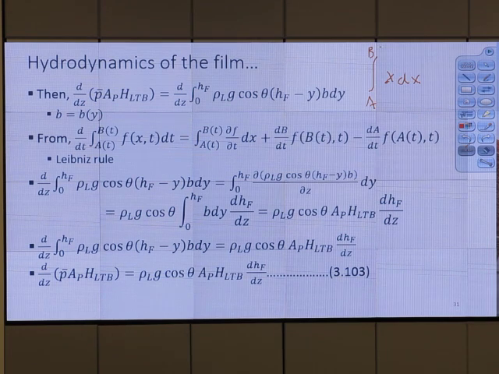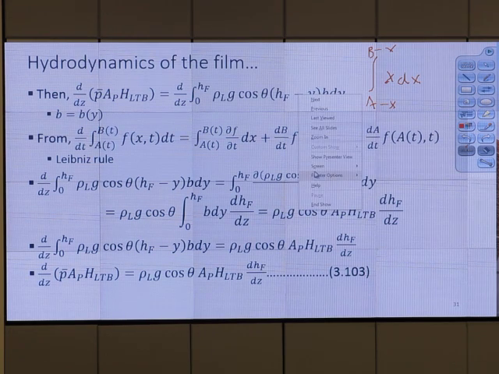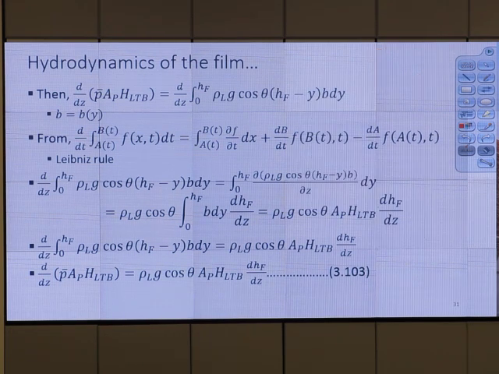But if a is also a function of x, or b is also a function of x, you can still do it, but it's a little bit complicated. So if your limit of integration is a function, we can still do it. To make sure that I did it right, let's check.